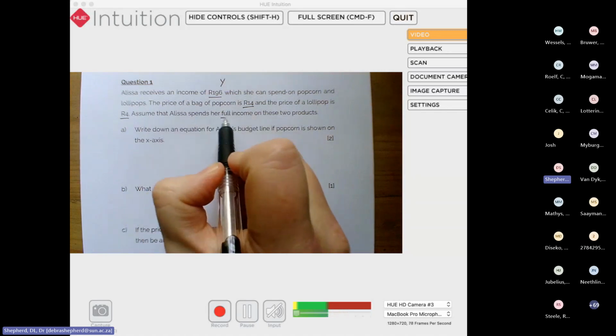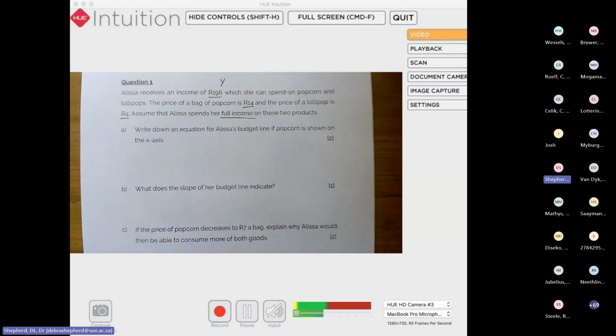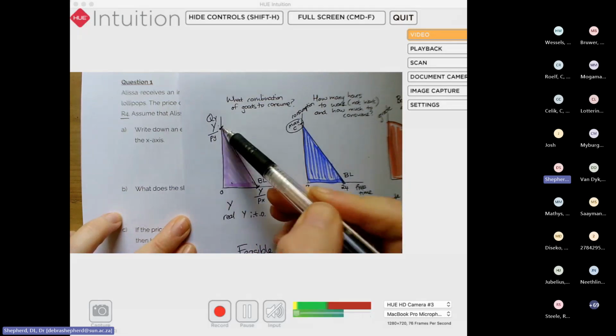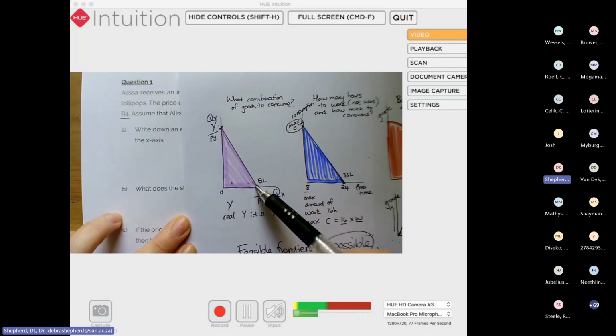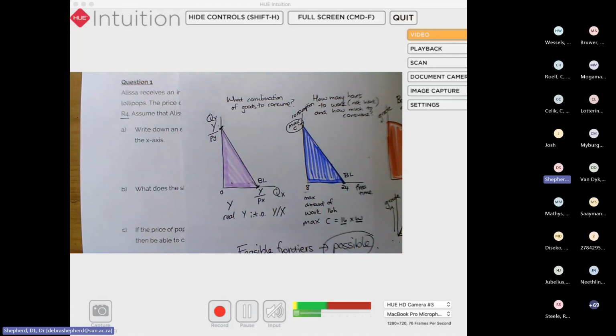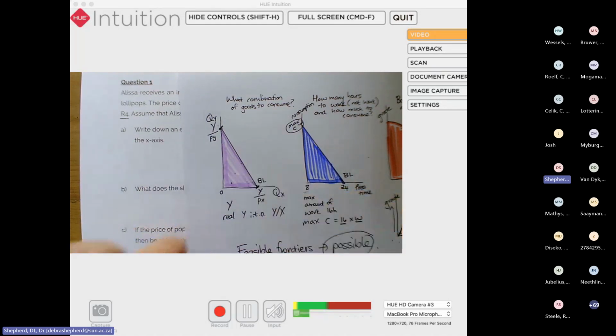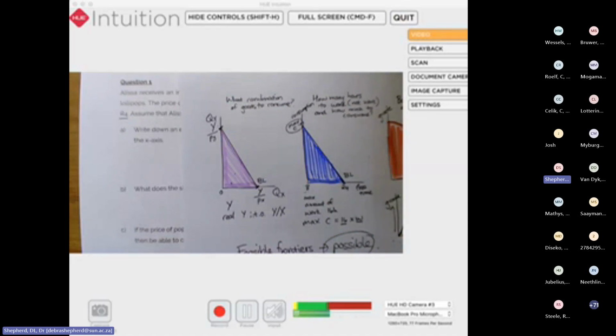So what this means is that she is definitely going to end up somewhere on her budget line. So every point on this budget line represents spending all of your budget. If you end up inside your budget line, it means you aren't spending all of your budget. So you're not maximizing the utility that you can derive from consumption.